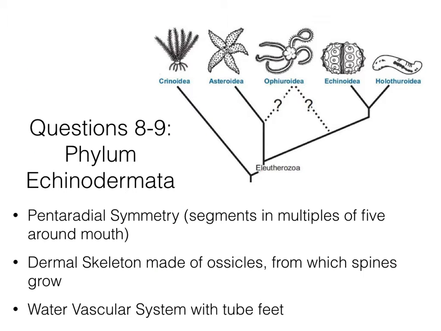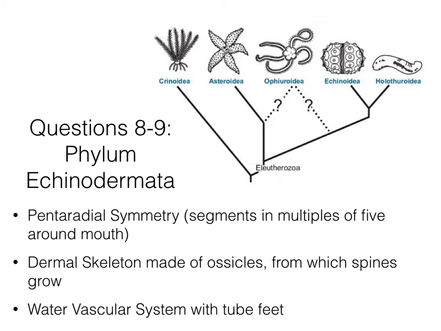All right, so one of the two phyla we're going to look at tonight is the echinoderms. What all the different echinoderms have in common is that they have what's called pentaradial symmetry. So they are radially symmetric, and the number of sort of segments they have around the center is always a multiple of 5, or almost always a multiple of 5.